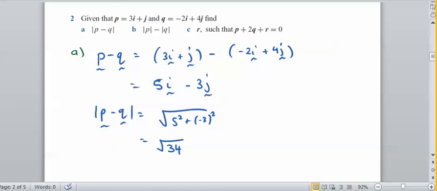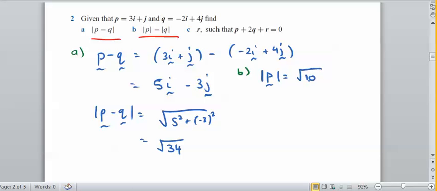Now, is this going to be equal to this, do you think? Are A and B going to be equal? Come on. No, they're not, are they? Magnitude of P is the square root of 3 squared plus 1, so root 10. I'm just going to do it, but you don't have to if you can do that in your head, which you should be able to.